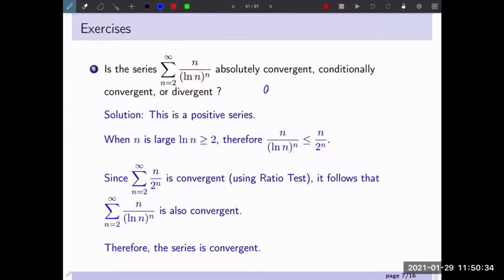If you use the ratio test directly, what you get is (log n plus 1) to the power n plus 1 over (log n) to the power n. So the expression is not pretty. Okay, it's ugly. So if you want to simplify your calculation, you can first use the comparison test.